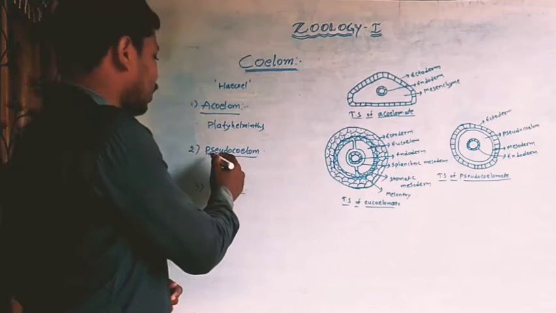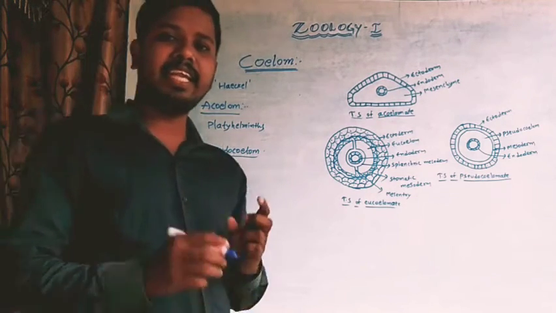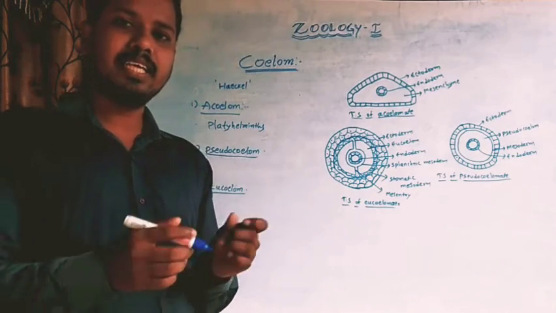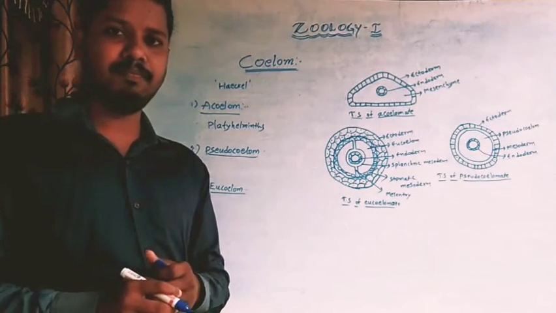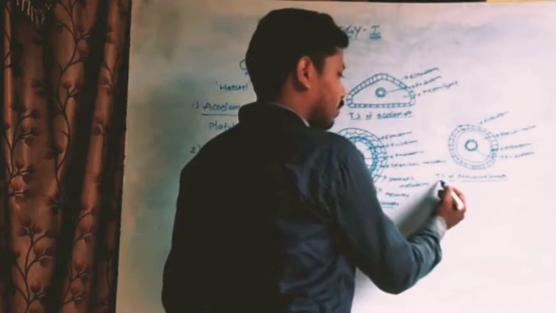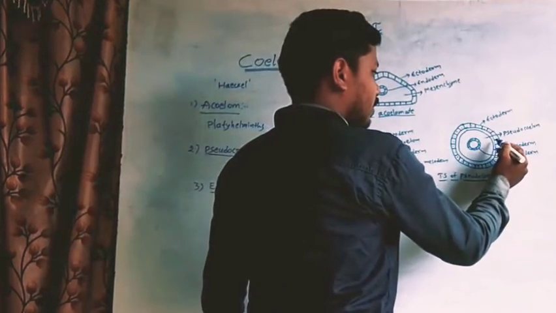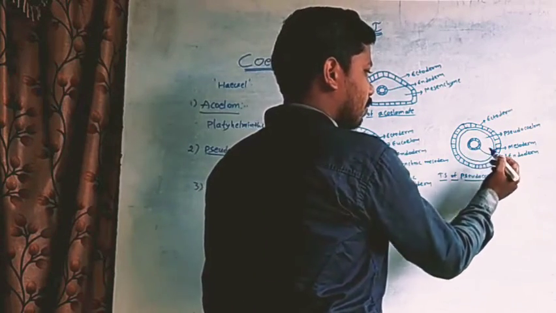Next one is the pseudocoelom. That means the cavity lies between the body wall and alimentary canal, but this cavity is filled with the pseudocoelic fluid. Here we can observe this diagram TS of pseudocoelomate. This is the ectoderm, this is the endoderm, this is the mesoderm.